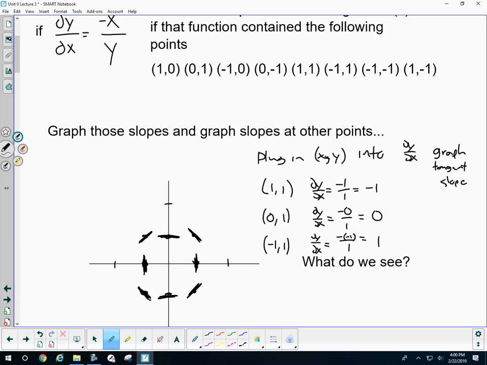Now, what is this telling you? It's telling you, just like we talked about, if we have some sort of graph, my tangent slopes need to follow that graph, right?